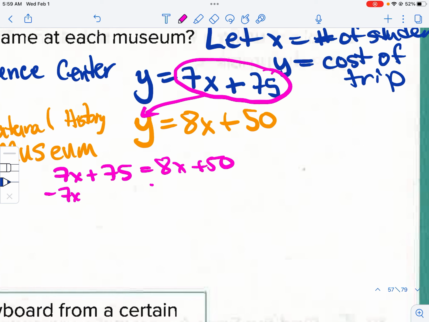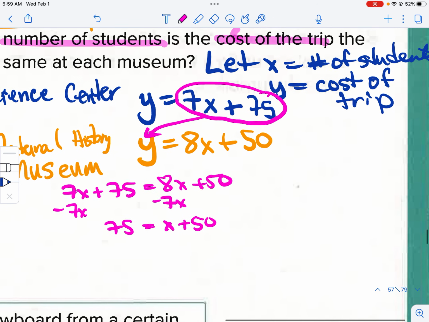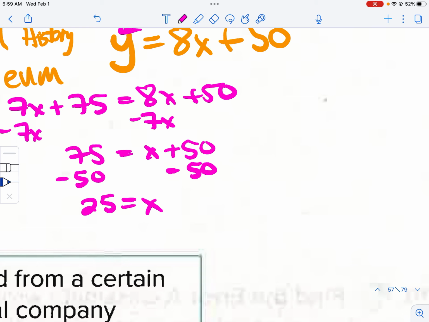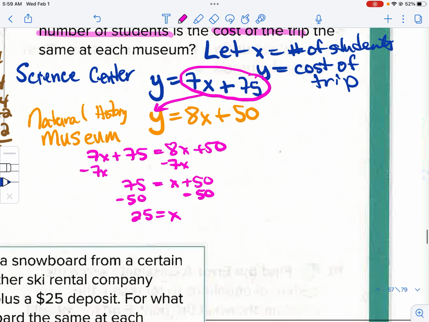I subtract 7x from both sides. I get 75 equals x plus 50. I subtract 50 from both sides, and I get 25 is equal to x. So we're going to put that right here, 25.